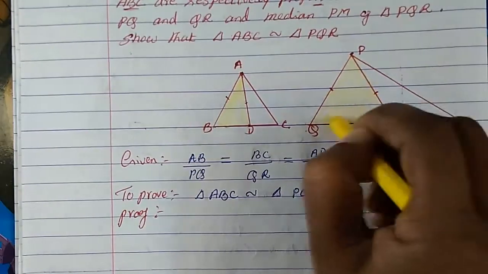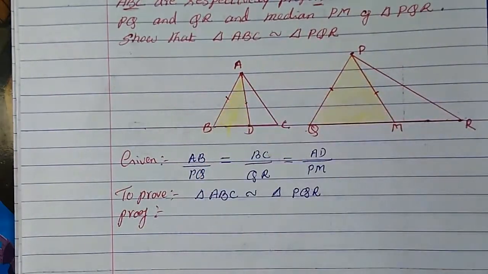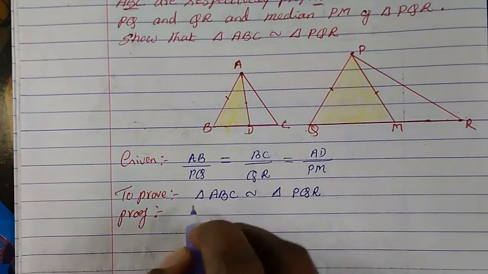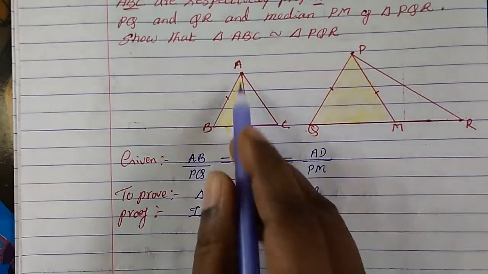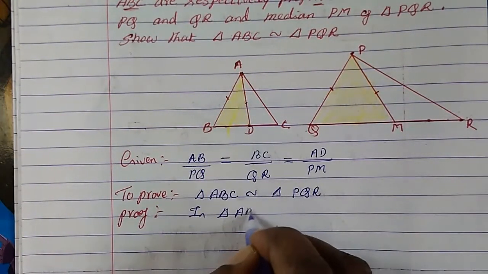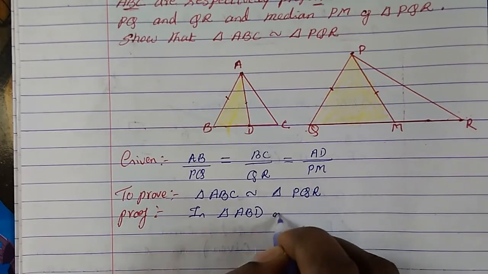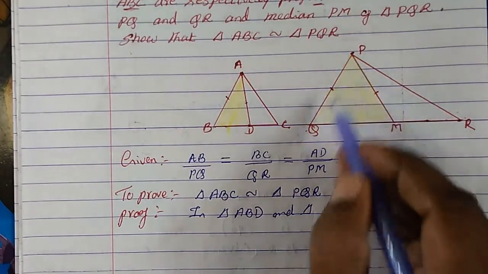So we are talking about this triangle. So in triangle ABD and triangle PQM.